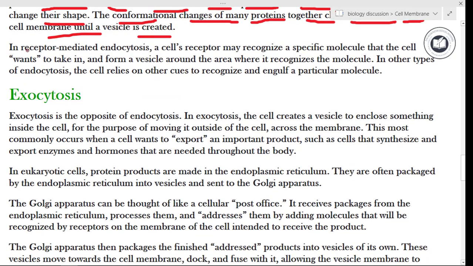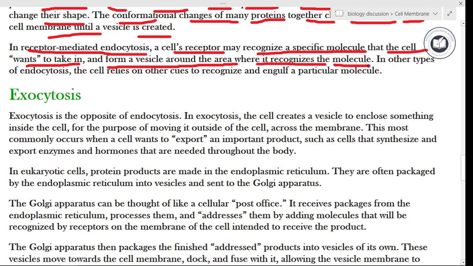In receptor-mediated endocytosis, a cell receptor may recognize a specific molecule that the cell wants to take in and form a vesicle around the area where it recognizes the molecule.